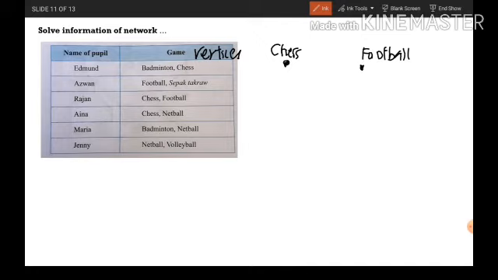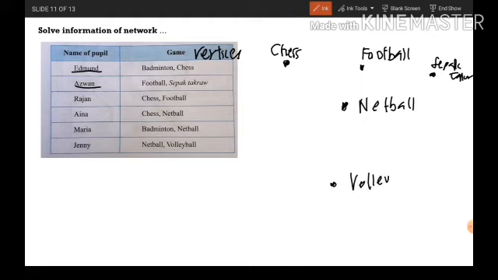It can connect with other games that is for the people. This is football, and then we have over here sepak takraw, and then over here we have netball. Then we have volleyball, and then we have badminton.